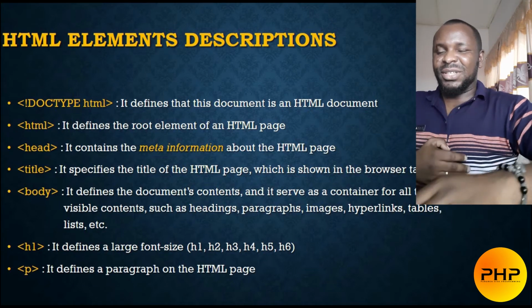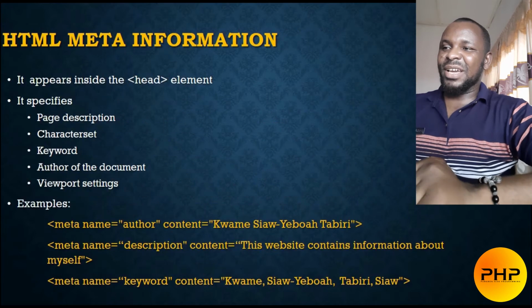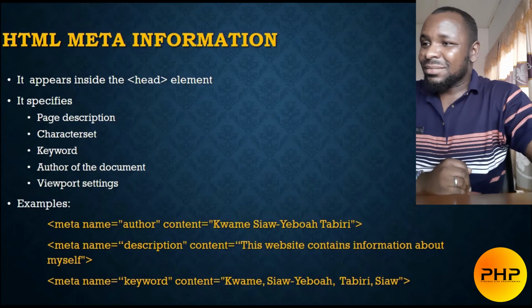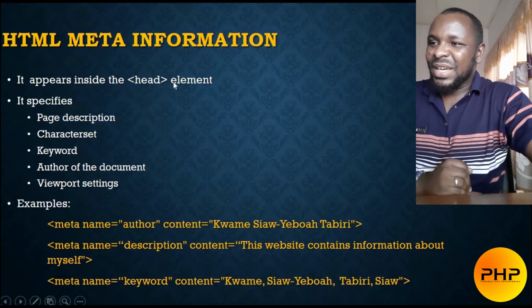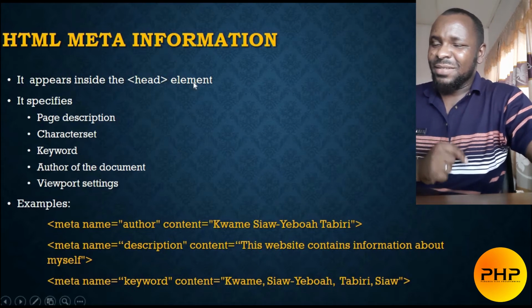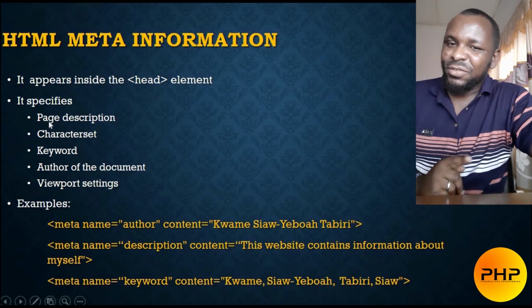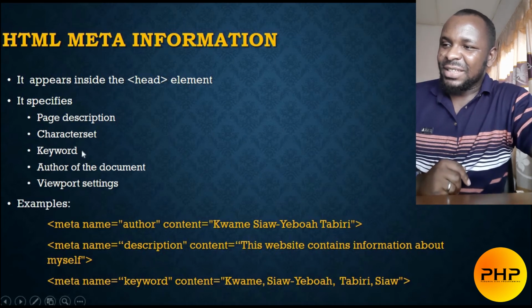All right. So let's see the metadata, the HTML meta information. The meta information appears inside the head element, and it specifies the page description, the character set, keywords, author of the document, and viewport settings.